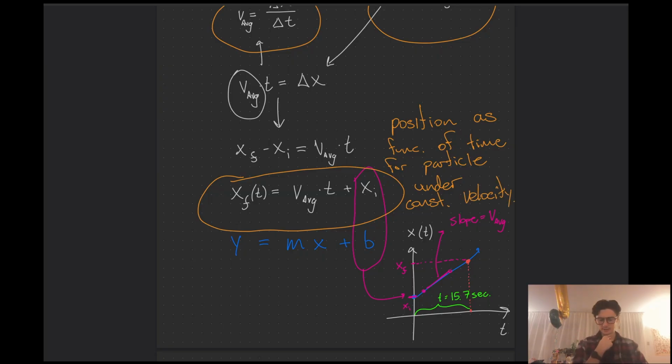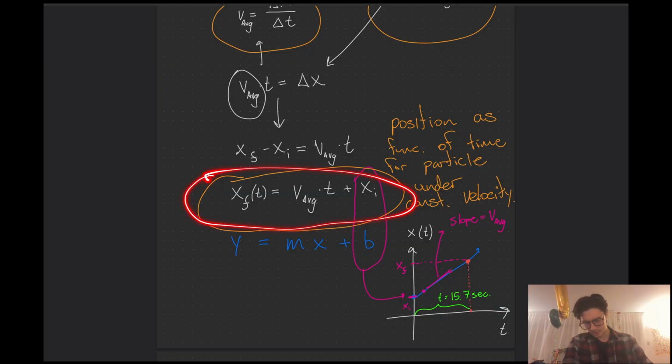The velocity here is constant and it's not changing, so a particle under constant velocity over time is going to have a position-time plot that looks like a straight line. So this is what it looks like in math. This is what it looks like in a graph.